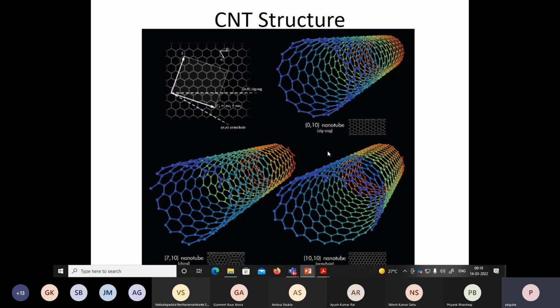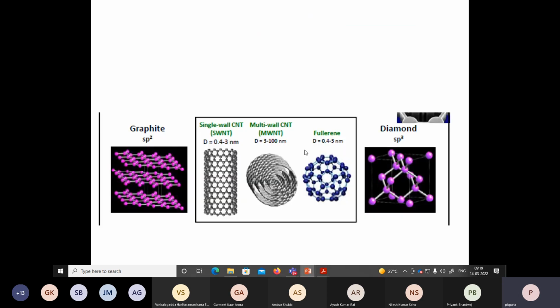It can be zigzag type, chiral type, or armchair type, depending on the rolling, on how these M and N index numbers are obtained. Depending on this orientation, the properties of the carbon nanotube change.